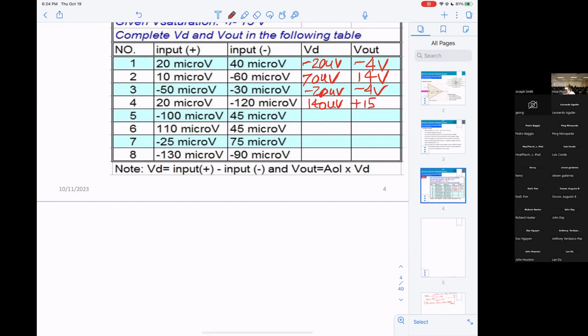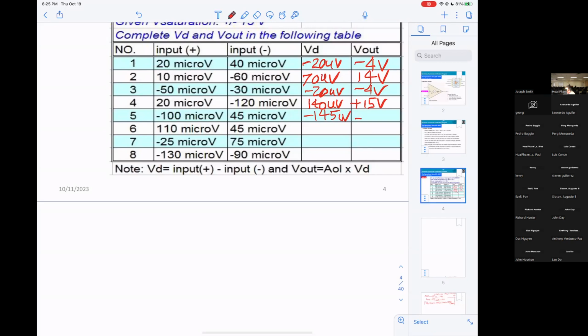Make sure you understand this, because it will be covered in the final test. Next one, number 5. Minus 145. What do we have?